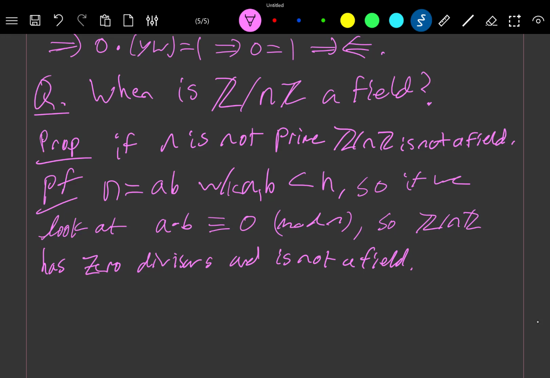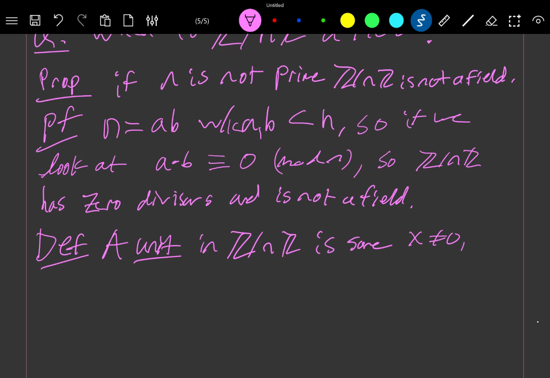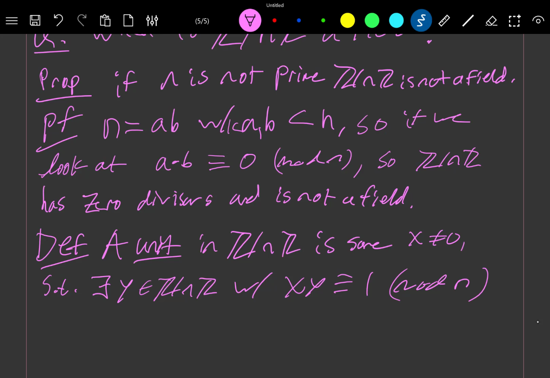To get to that, there is one last thing I want to talk about, and it's the notion of a unit. A unit in Z mod nZ is some x not equal to 0 such that there exists some y in Z mod nZ with x times y equivalent to 1 modulo n.